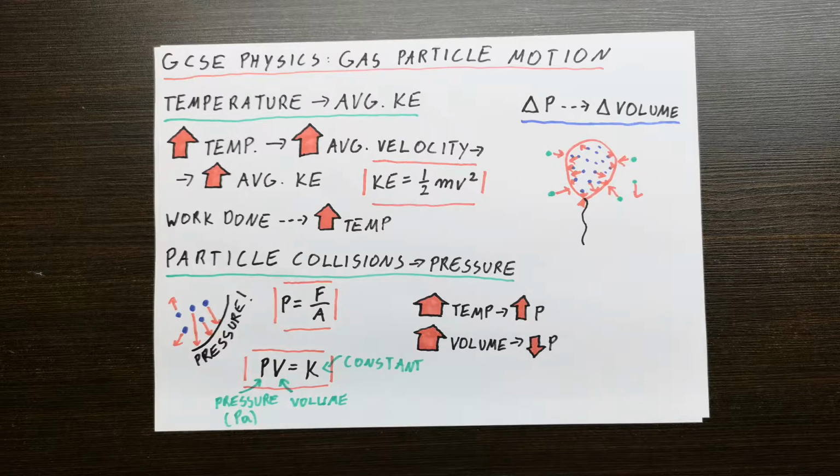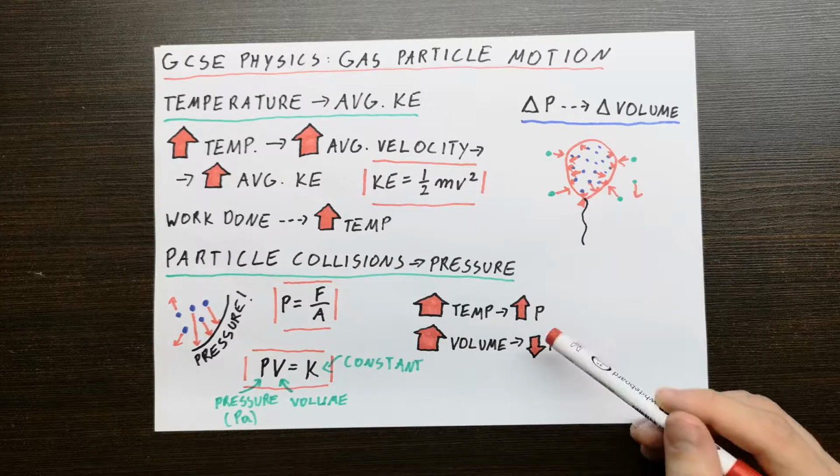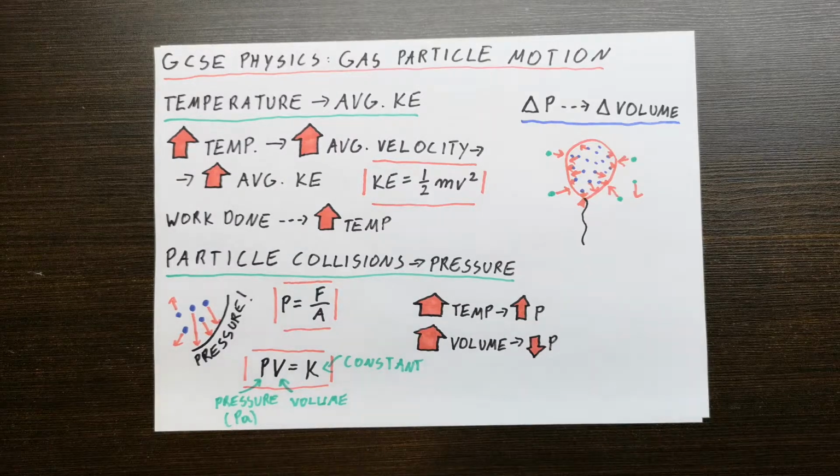So I'm increasing the space in which those particles are. Because they are now more spaced out, they are less likely to hit the side of the container, and therefore the pressure goes down. So if we increase the volume, the pressure goes down.